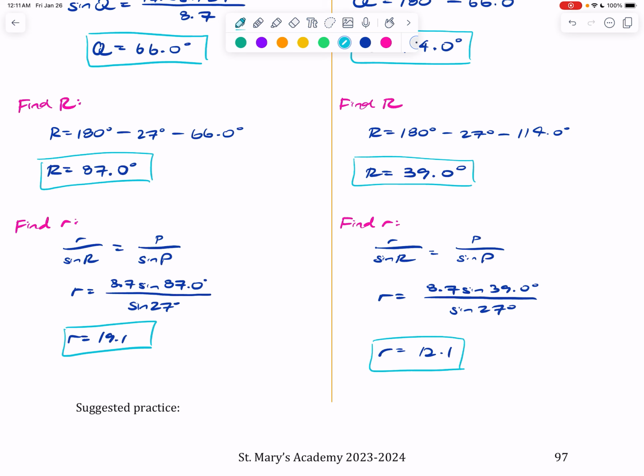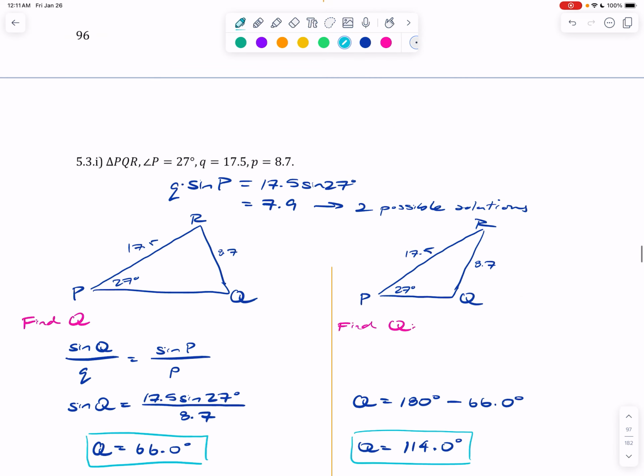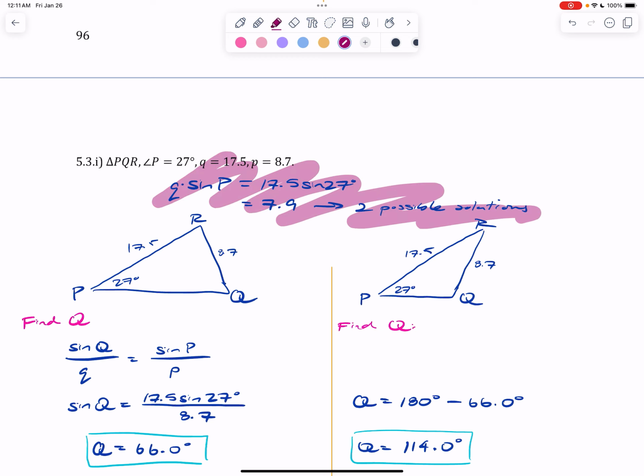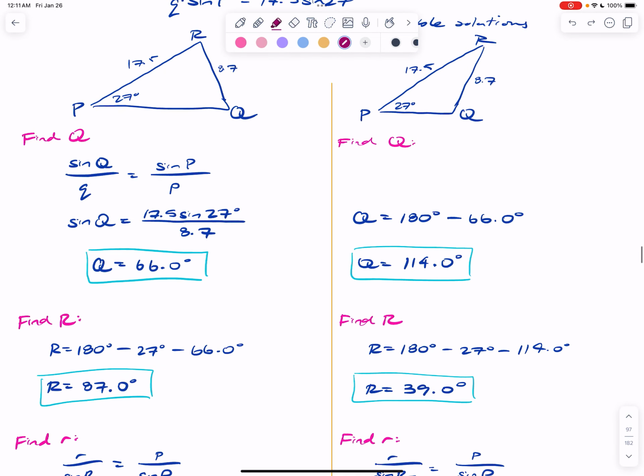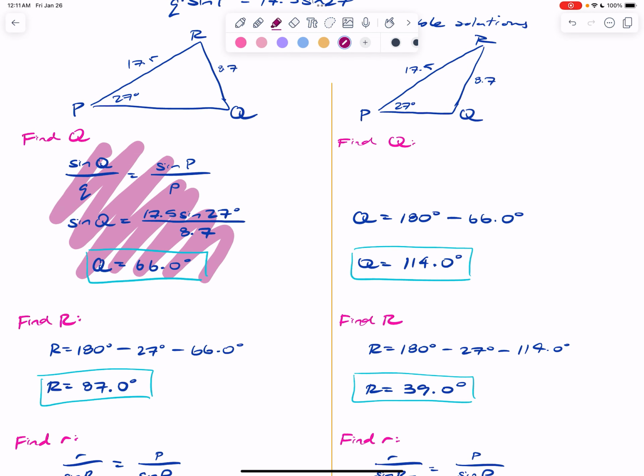It is super necessary to show that there are two possible solutions. So that's worth one of the marks. Your technique for finding angle Q for the left triangle is worth a mark. Your technique for finding angle Q for the right triangle is also worth a mark.